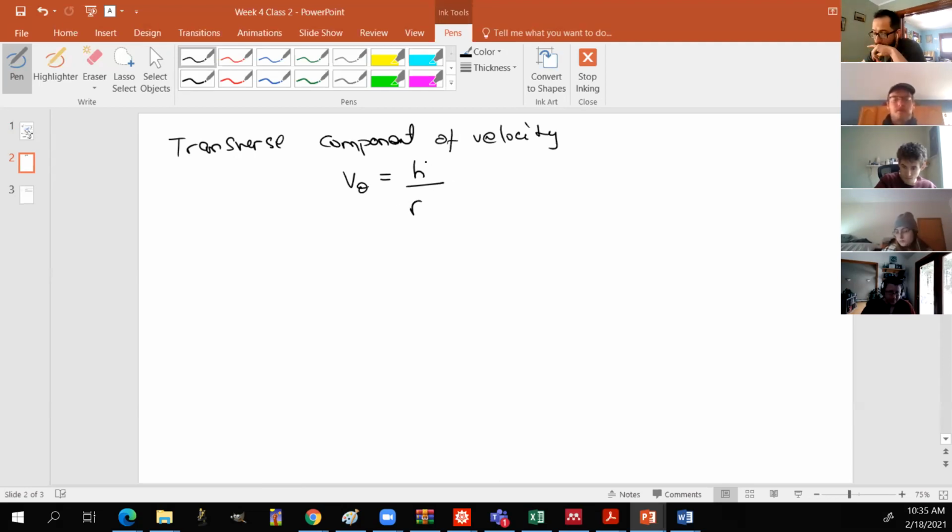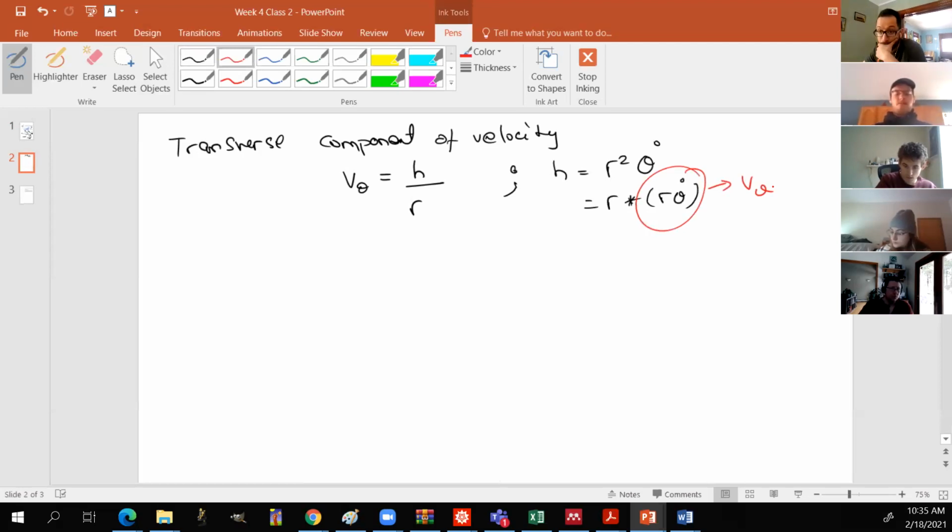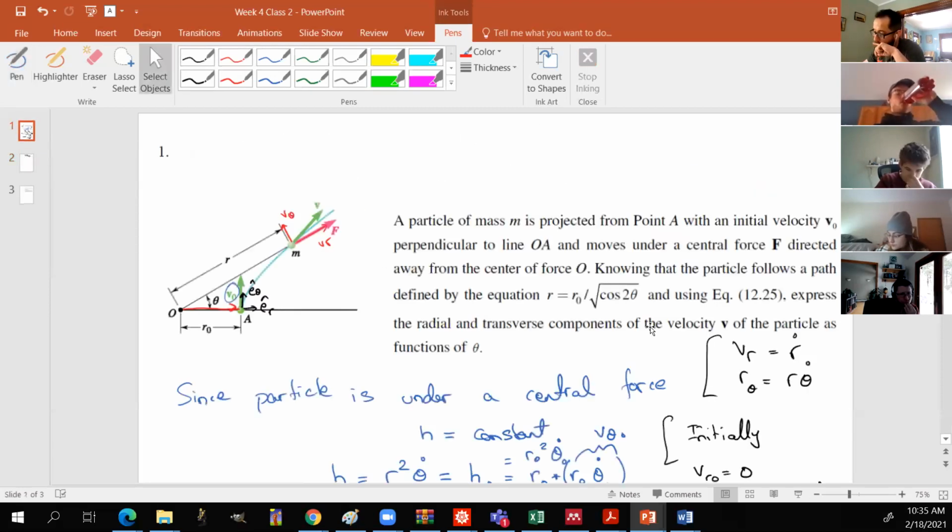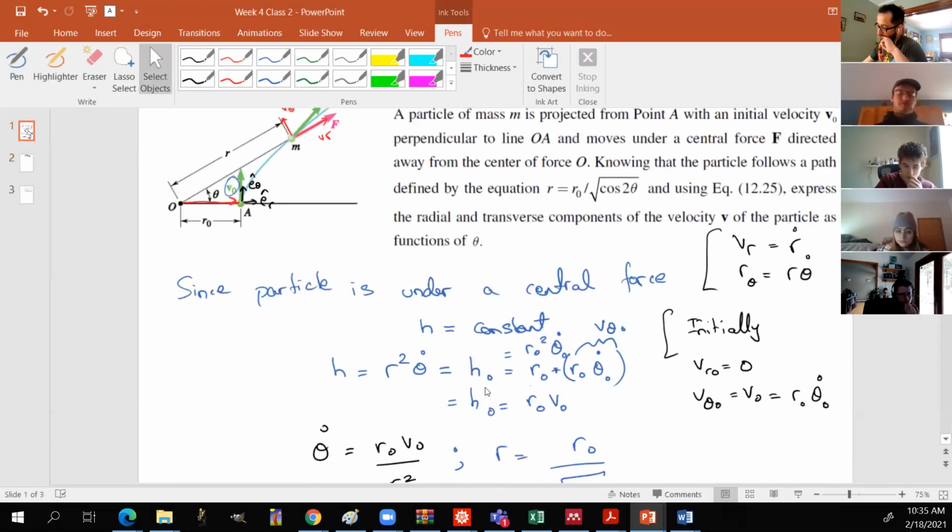Right? Do you guys understand why this makes sense? Because we'd said that h is equal to r squared times theta dot, which is equal to r times r theta dot, and this term is equal to v theta, right? Good. So this you just plug in for what we'd found above, right?